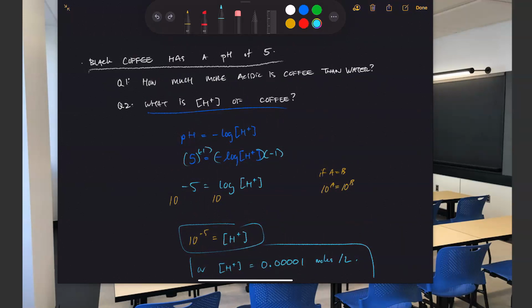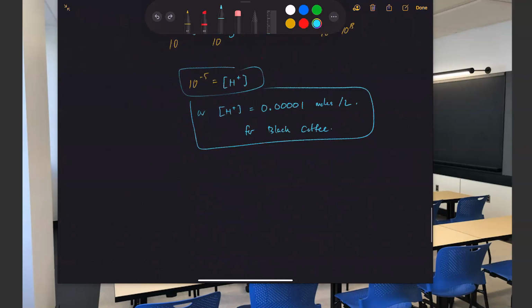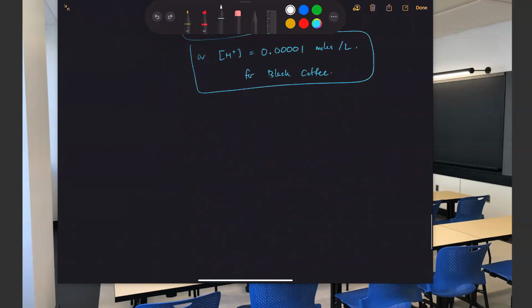Now the question is, how much more acidic is coffee than water? Well, we know the pH of water is 7. It's truly neutral. It's not acidic or basic. So we know that 7 must equal negative the log of its positive ion concentration, which is really what's being measured here. So the acidity is determined by this H plus value, so we want to compare those two.